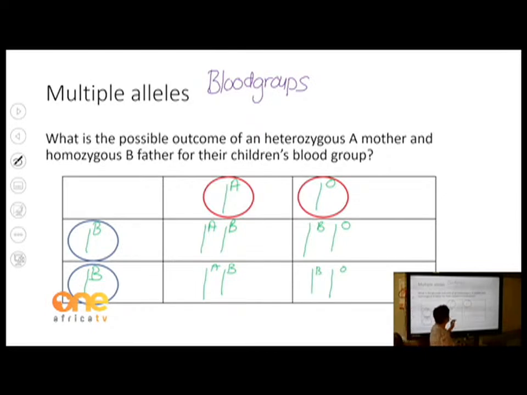AB, B, AB, B. So it's a 1-to-1 ratio for AB to B. That is the phenotype. Genotype, IAIB, IBIO. That is the genotype. Good.